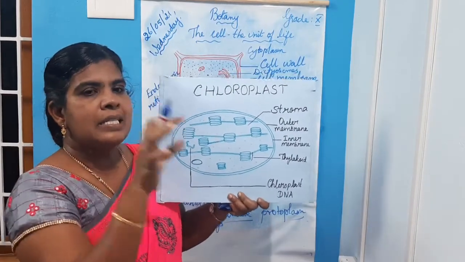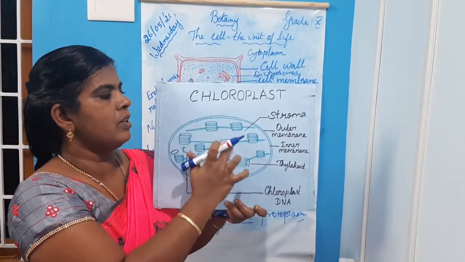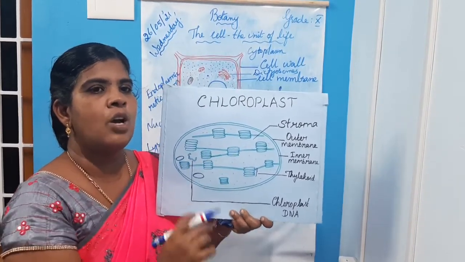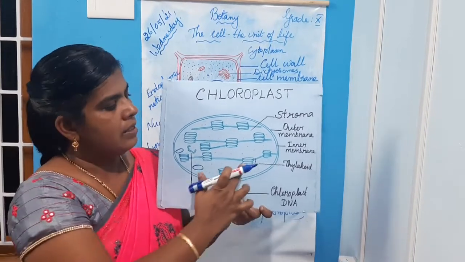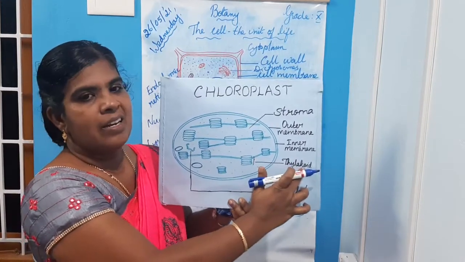In the stroma there are coin-like structures arranged one above the other. These structures are called thylakoids.